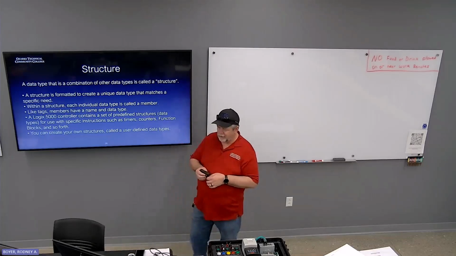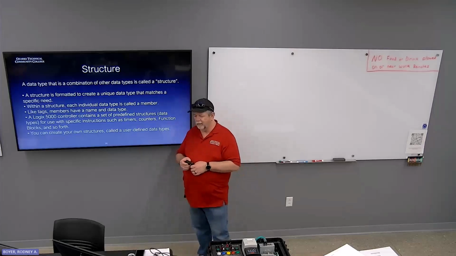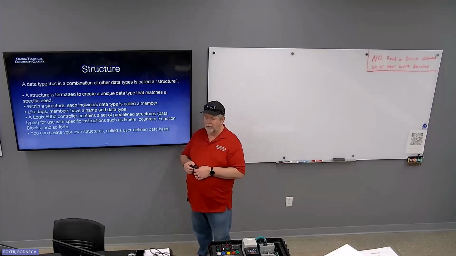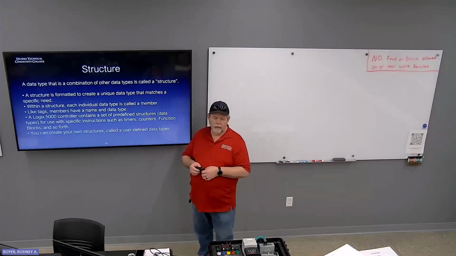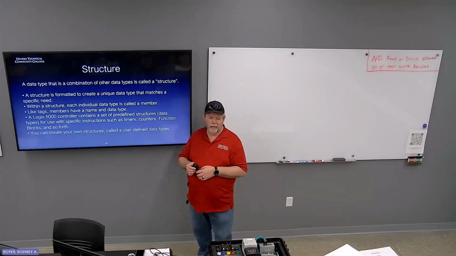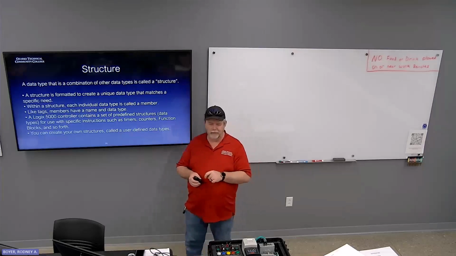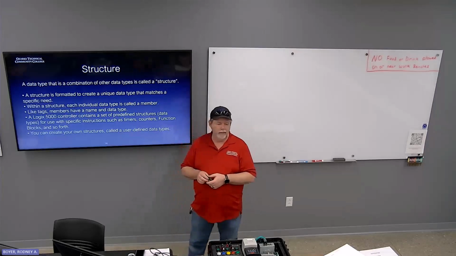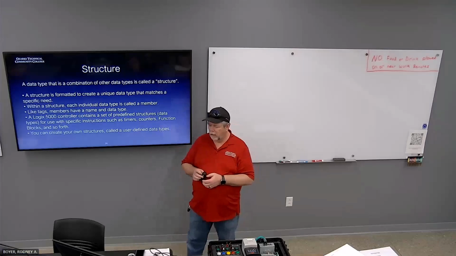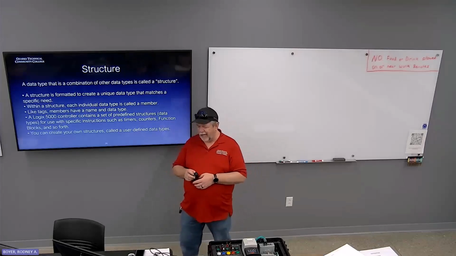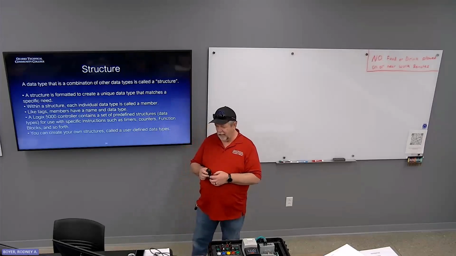Now within a structure, each individual data type is called a member. We are going to really shortly create our own user-defined data types. And when you're doing that, it tells you to add members because that's what each individual unit is called. Like tags, the members have a name and a data type.